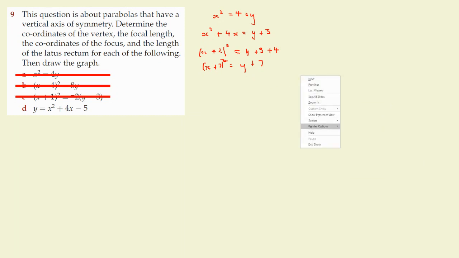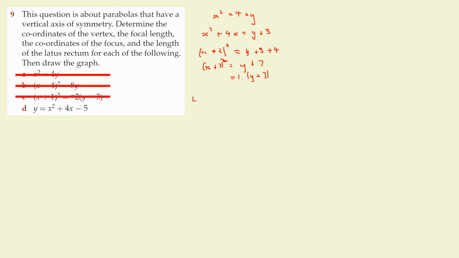If it makes it easier for you to think about this, this is one lot of y plus 7. Why have I done that? Just because it might make it easier for some of you if you're struggling to see what the length of the latus rectum is. The length of the latus rectum is the thing that appears in front here, isn't it?